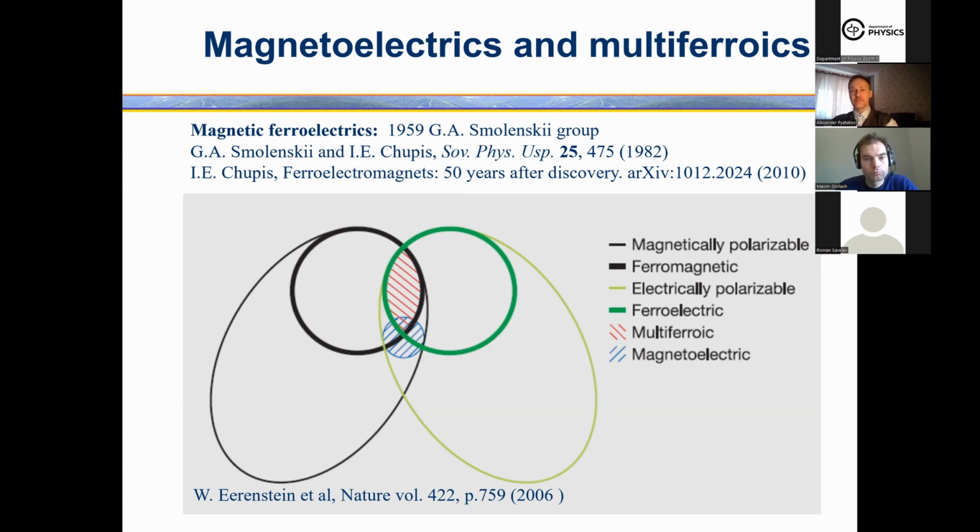They share the same prefix, ferro, and due to this prefix, multiferroics means that the media possess many ferro orders: ferromagnetic, ferroelastic, maybe ferroelectric, and so on. In our case, multiferroics is just magnetic ferroelectrics. They are called ferroelectromagnets in Soviet tradition, but the new term for them is multiferroics.